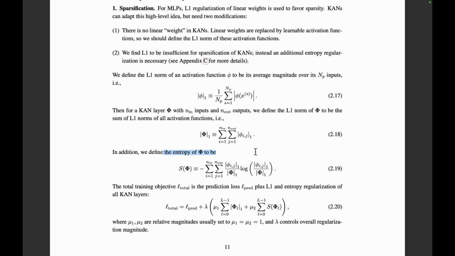Because it's not a normal thing to regularize on the activation functions, we need to introduce entropy as well in order to ensure that the training goes smoothly. So the total regularization term becomes the sum of the entropy term and the L1 norm on the activation function, along with the prediction loss.